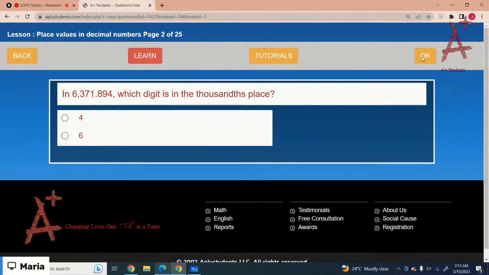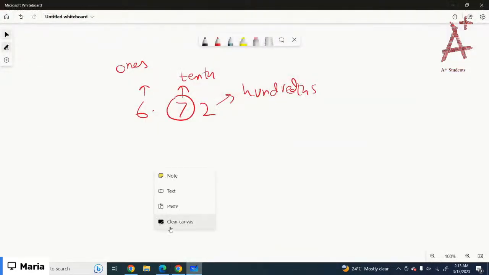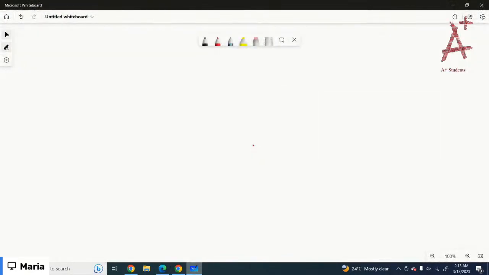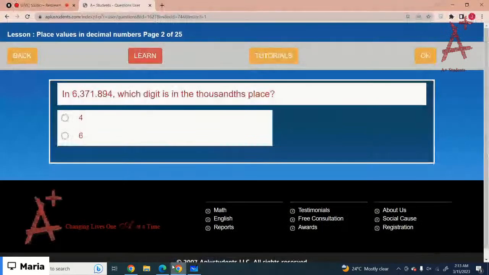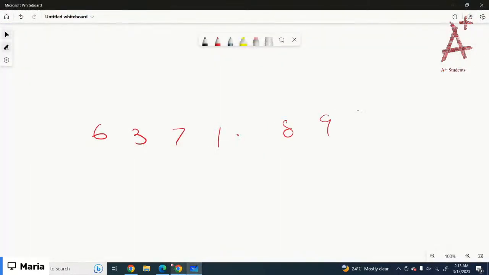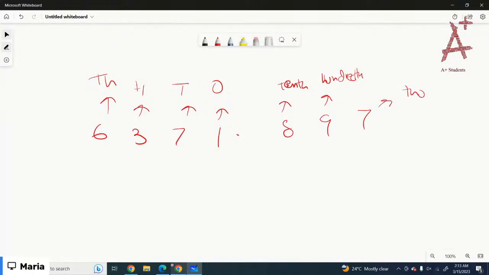Okay, the next one is 6371.894, which digit is at the thousandths place? This is at the ones position, tens, hundreds, and thousands. This one is at the tenths, this one is hundredths, this one is thousandths position.